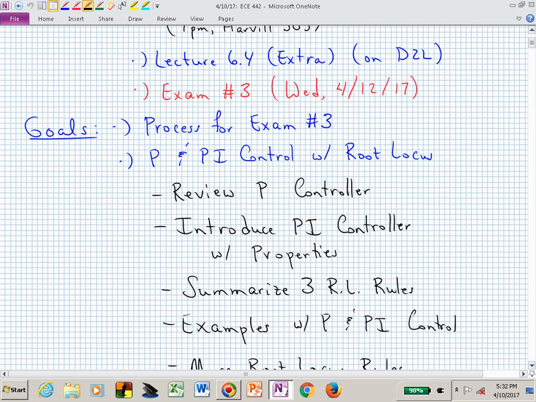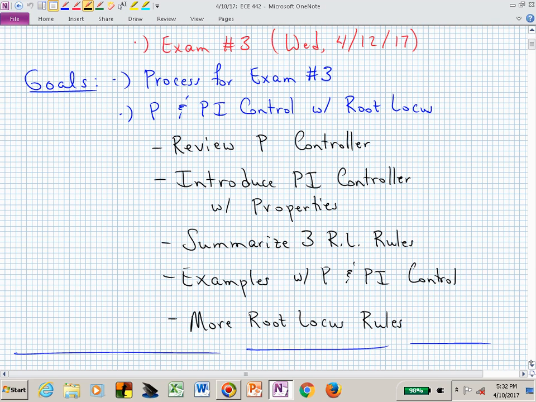And then we'll get into proportional and integral control with the root locus, which means that we'll review our proportional control. We'll introduce a PI controller and see what kind of terms that produces or gives us. Then we will summarize the 3 root locus rules that we've already covered.